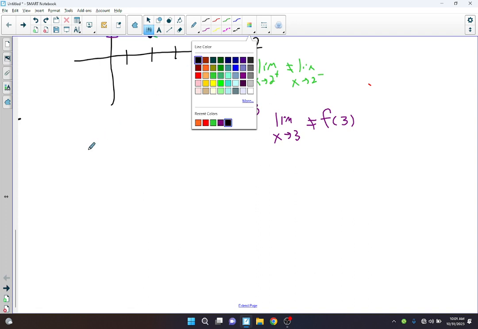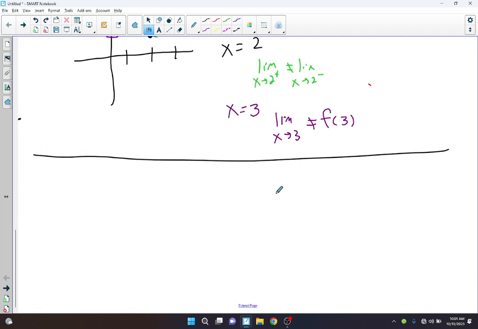Let's go to another thing. Let's see, what else do we have? Where's the intermediate value theorem one? Oh, a piecewise function.